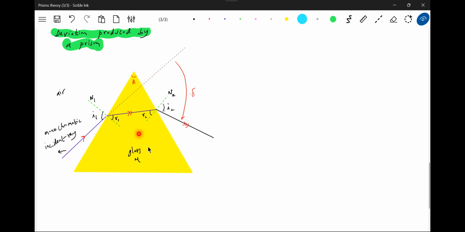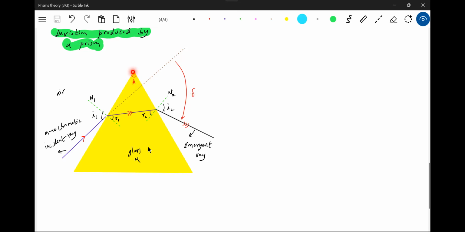Now, due to the presence of the prism, this is the emergent ray. The ray will take this particular path here. This is called the deviation. So it got deviated; I'm able to change the direction of the path of the ray.